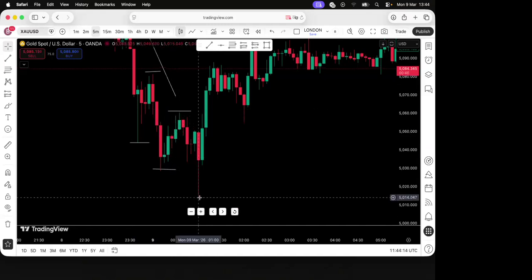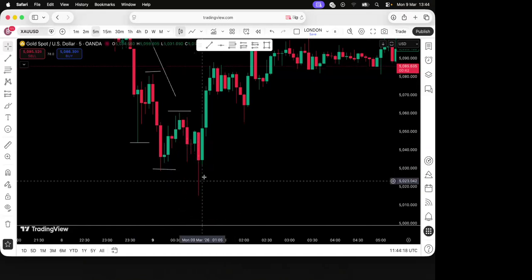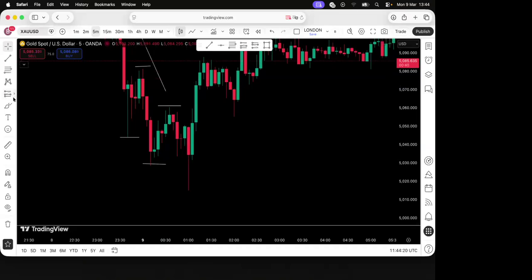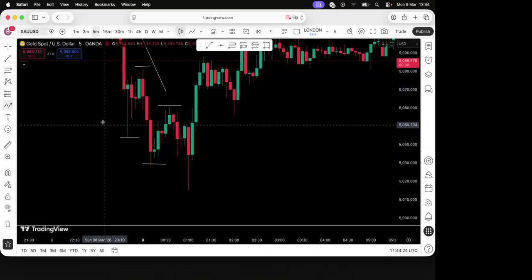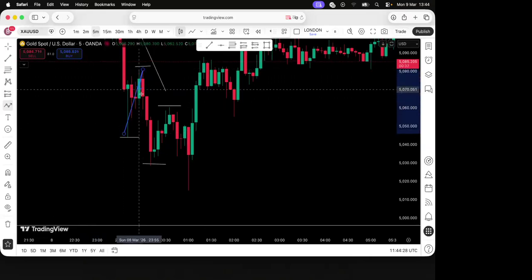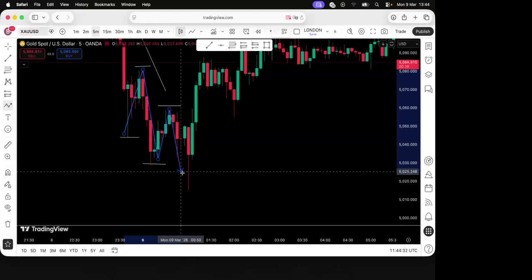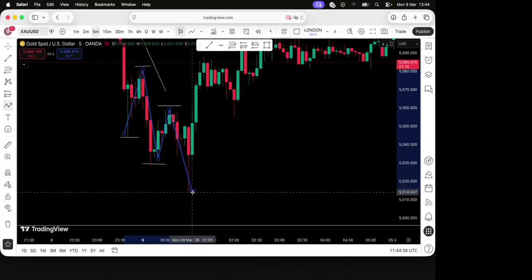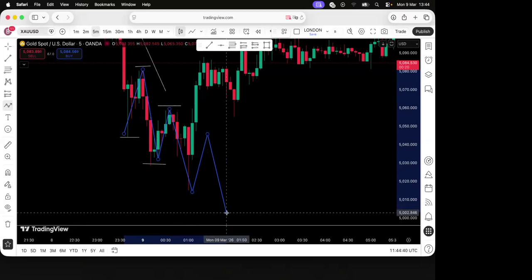But as per before, we've created a lower low here, made a lower high, and then made a new lower low. But in this instance, guys, we've not continued our trend going down. Before, we were doing lower highs, lower lows, lower highs, lower lows. If we continue the trend, it would make a new lower high before continuing further down.